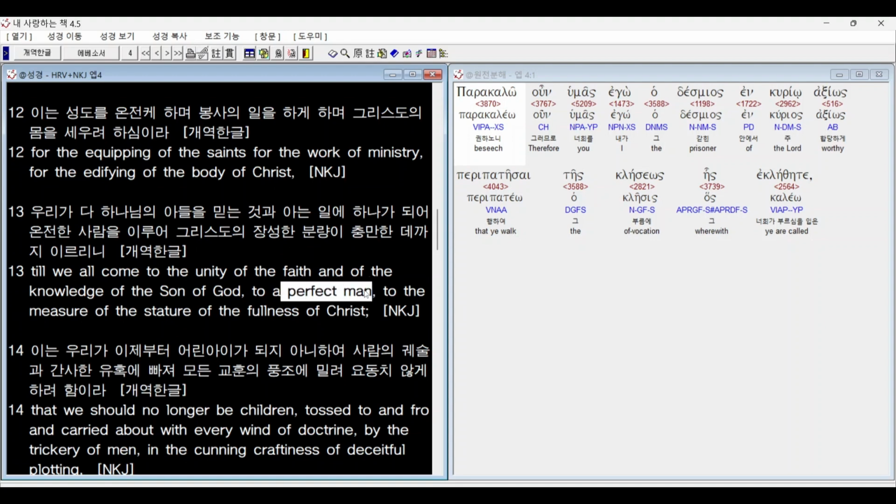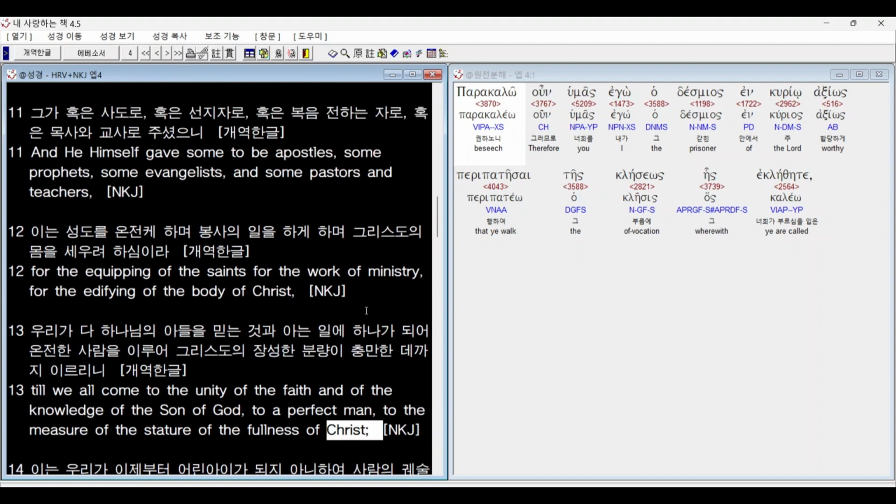The perfect man is the one who possesses the faith of the Son of God, that is the Christos. The perfect man is the one who possesses the knowledge, that is the Son of God, Christos. When we go a little up there, it is called the apostle, prophet, some evangelists, some pastors, and teachers.